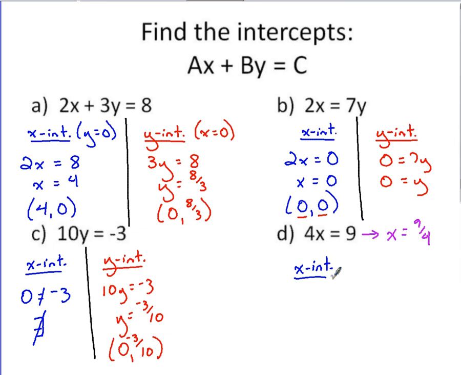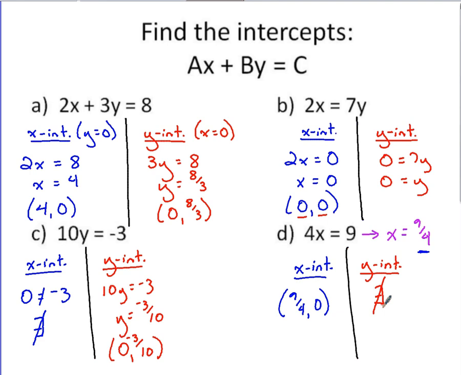It's going to cross the x-axis at this 9/4, so I'd say 9/4 and 0. Are we going to have a y-intercept? Well, the only way a vertical line is ever going to cross the y-axis is if it is the y-axis, right? But this is not the y-axis, so this will never cross the y-axis, meaning there's no y-intercept.